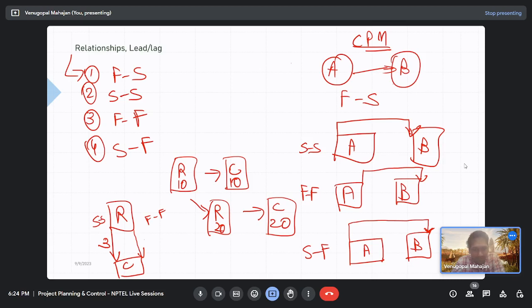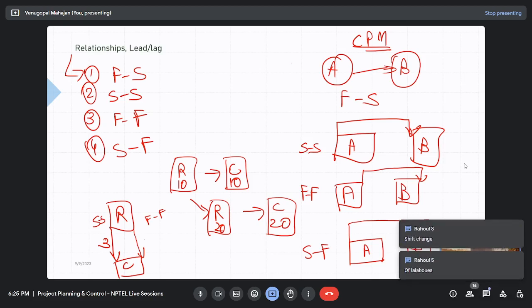So any other example, where activity B can only finish after activity A starts? Shift change, yeah, you can say that, shift change of labors.